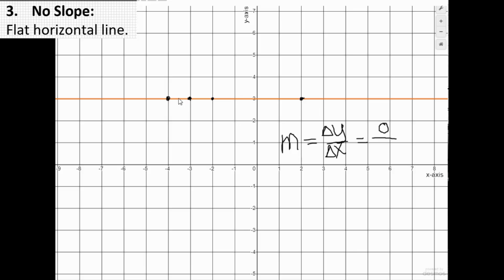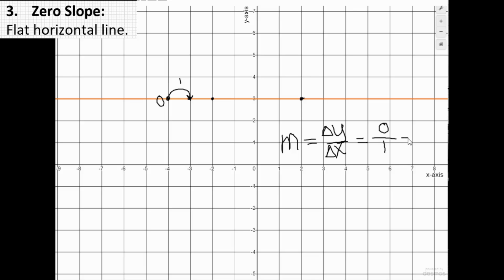For change in x, it's just going over 1, right, and then we get to the next point. So it had a change in y of 0 and a change in x of 1, and then it goes over 1 again. So I'm just going to write that my change in x is 1 in the denominator.